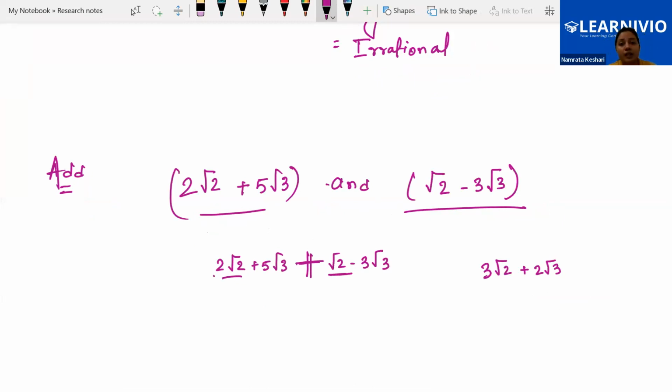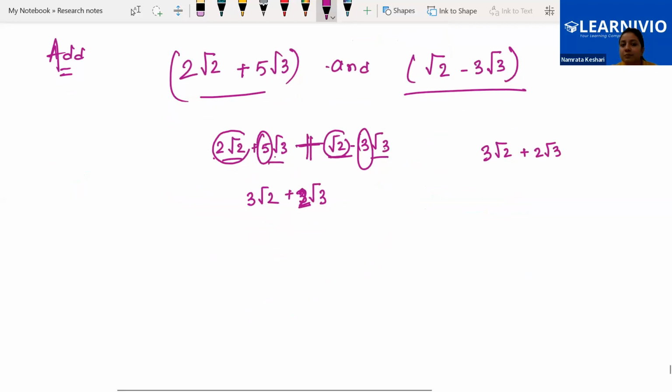The way we were adding x and x while doing algebraic expressions, the addition and subtraction of like terms, here also we see the same thing. 2 root 2 plus root 2 will be 3 root 2. 5 root 3 minus 3 root 3: 5 minus 3 is 2, so 2 root 3. Yes, it is perfect. This is how we need to do the simplification.